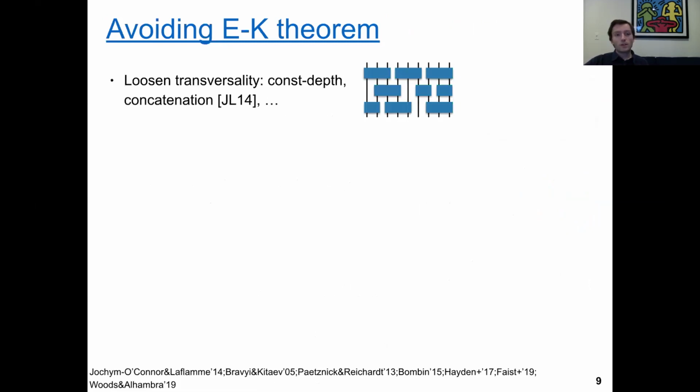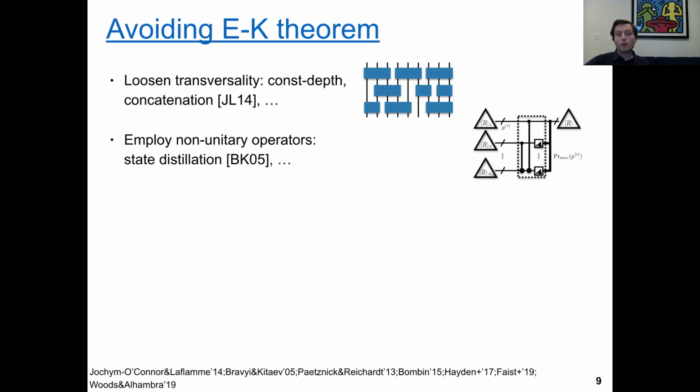One can loosen the notion of transversality, so one does not consider only unitaries which are tensor products of single-qubit unitaries. One may consider unitaries implemented by constant depth circuits, or one may consider a concatenation of codes and choosing how one can partition the system into subsystems. One can also employ non-unitary operations, and this approach is basically what state distillation is about. We perform some measurements and then we do some post-selection.